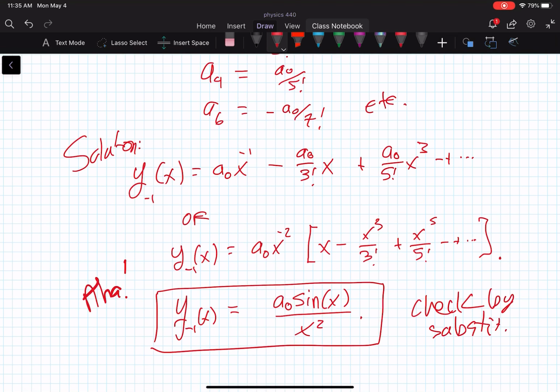In this case, it was -1 and -2. That's our indicial equation. And then from that, we'll find the recurrence relation. How does one coefficient relate to the coefficient prior to it or two steps behind it? And then once we know that, what's the series expansion? Does it have a closed form? In this case, it did. In the Legendre equations, it doesn't necessarily. It just has an expansion.